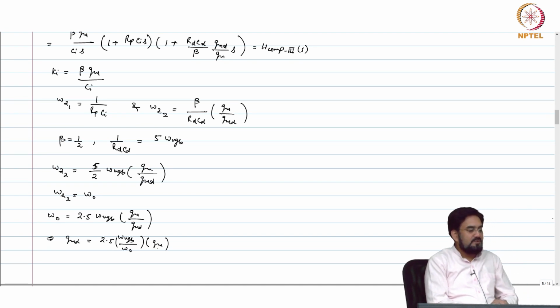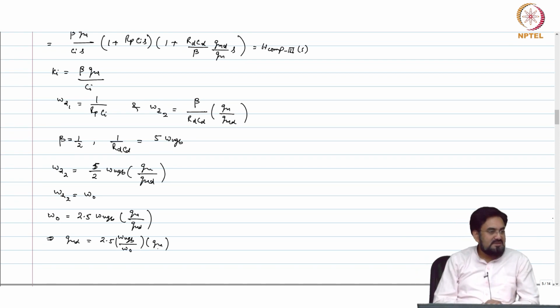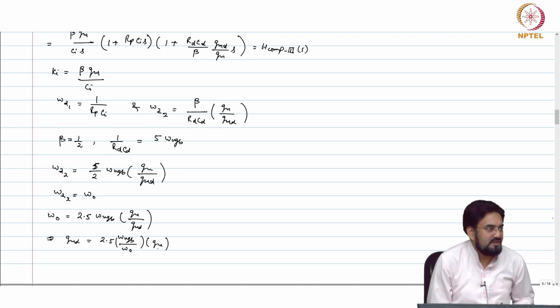Okay. So can anybody remember the numbers in the example we took? Where was omega naught and where was omega UGB? Omega UGB is 100K and omega naught was about 174 kilo radian. So omega UGB will be 628 kilo radian. 100 kilohertz is 628 kilo radian.